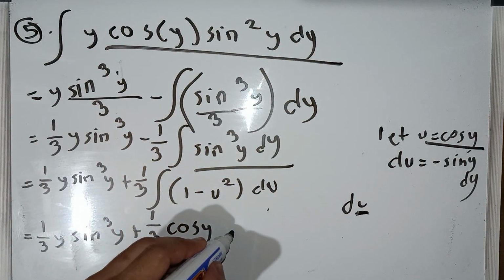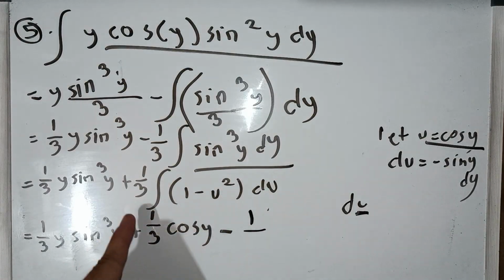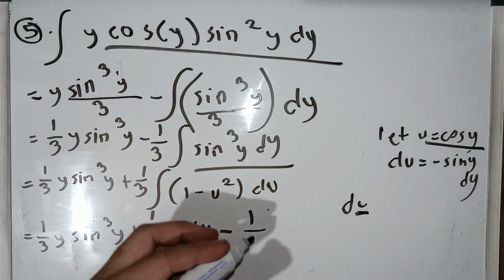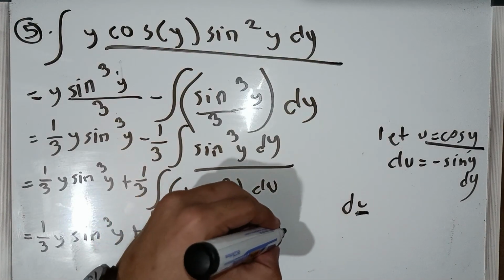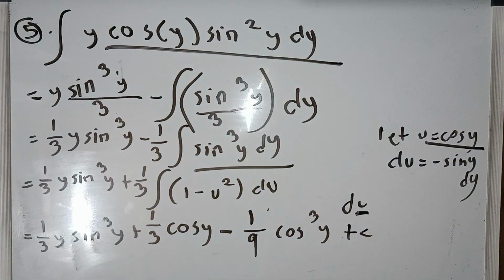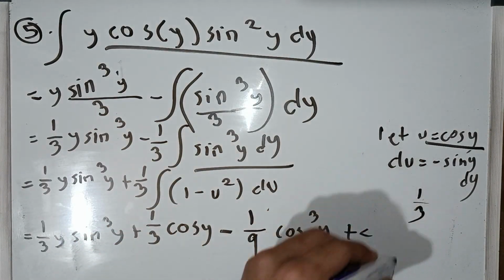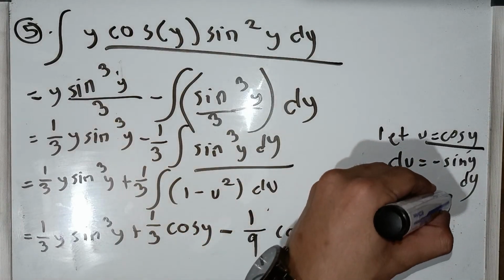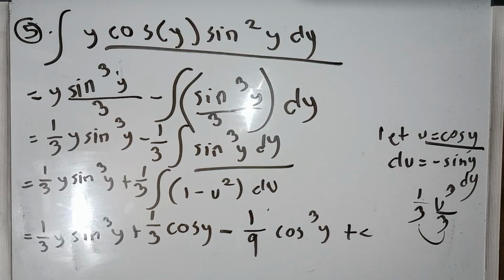Here we have to minus 1, and since it is 3 multiplied by 3 here, that will become 1/9, and the value of u, which is cosine y, will become cosine cube y, plus c. We get this by multiplying 1/3, and the integral of u squared is equal to u cube over 3. Multiplying this gives us 9.